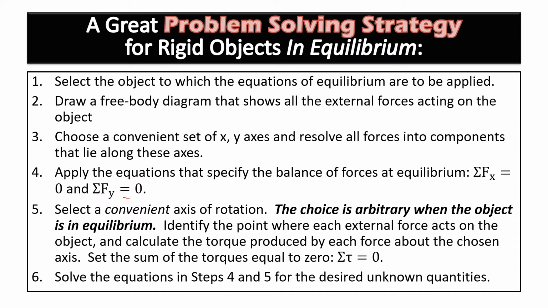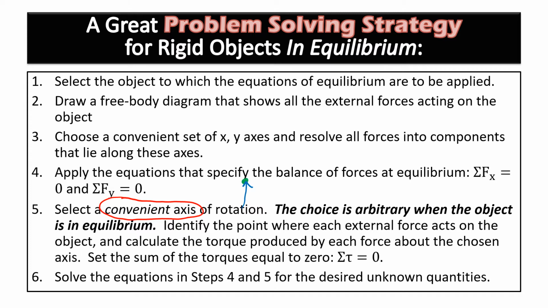And by selecting a convenient axis, maybe there'll be 2 unknowns, and we'll put the axis where one of those forces is acting. Because remember, in the previous lesson, we said if the line of action is pointing towards the axis, there's not going to be a torque produced because the lever arm is 0.